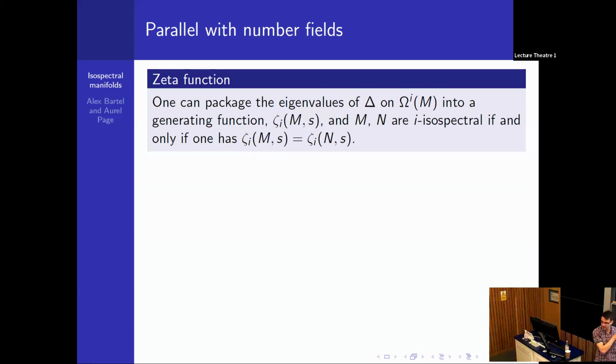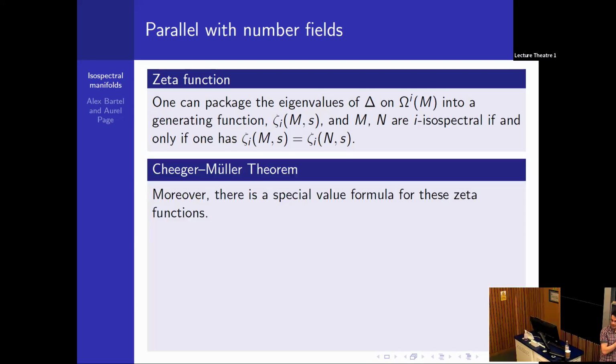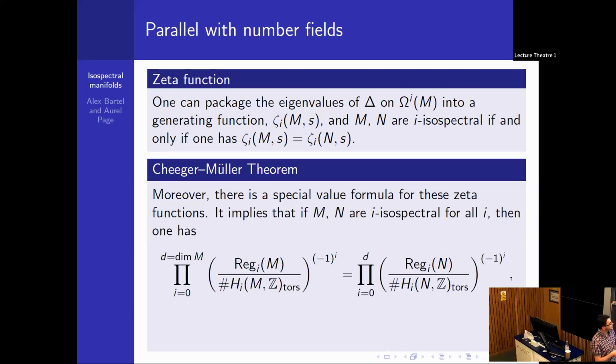The parallel goes further, namely, like zeta functions of number fields, these zeta functions have a special value formula, and I alluded to that in the first talk already. So I'm not going to state the actual formula. I would have to talk about regularized determinants and so on, but I just need to compare two manifolds.